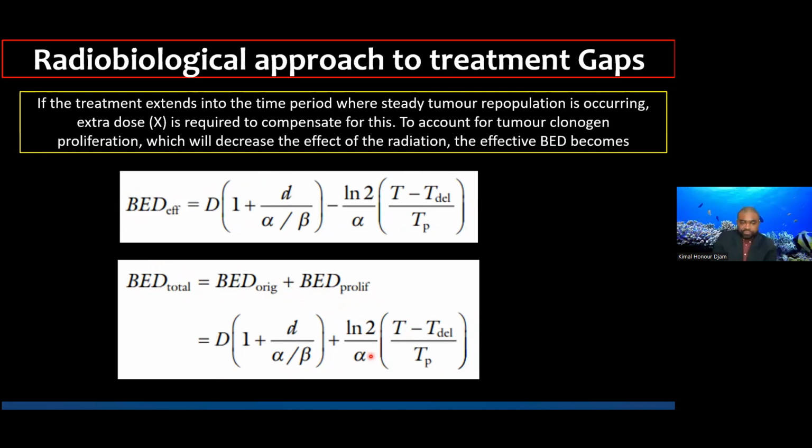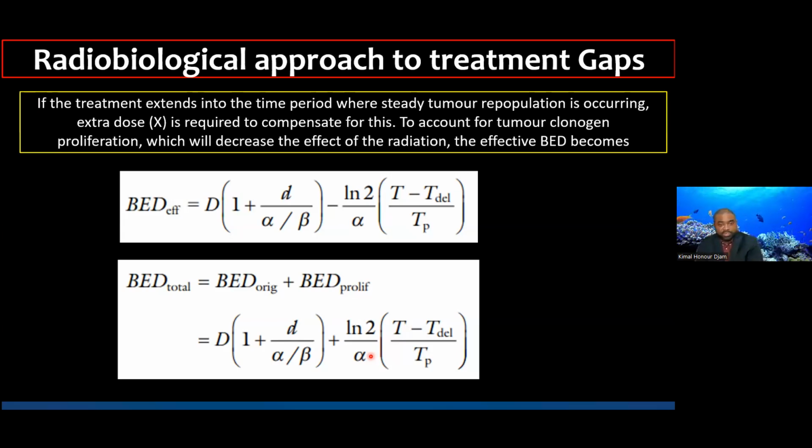And so it is a more logical way to deal with the effect of clonogenic proliferation during fractionated treatment, to rewrite that big equation in terms of the original BED plus the BED proliferation.